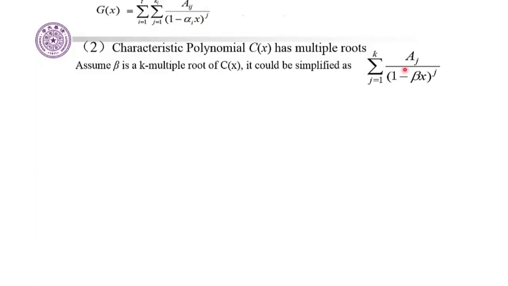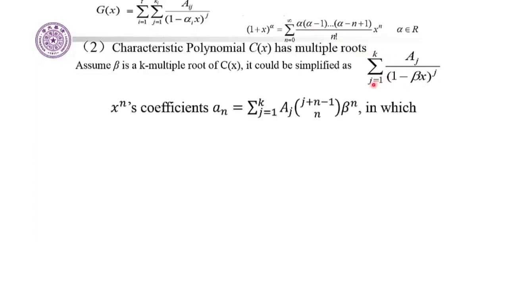How do we solve them? This is what we are about to do. Here we will use the binomial theorem to expand the expression. When alpha is a real number, after substituting the coefficients of a to the nth power in, and using this binomial theorem, we get aj times C(j plus n minus 1, n), in which j is from 1 to k.